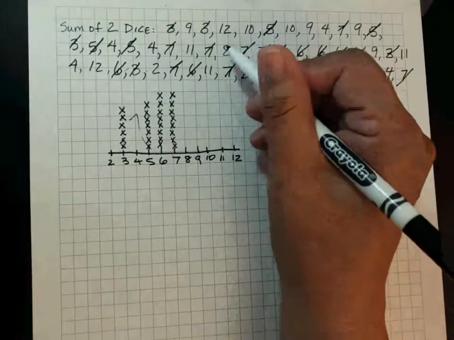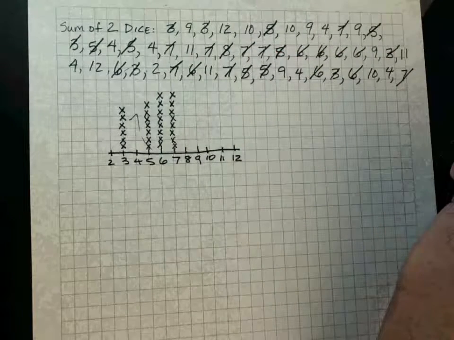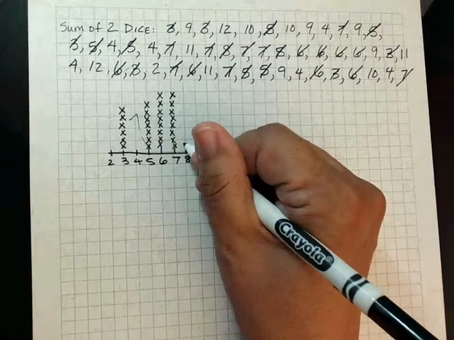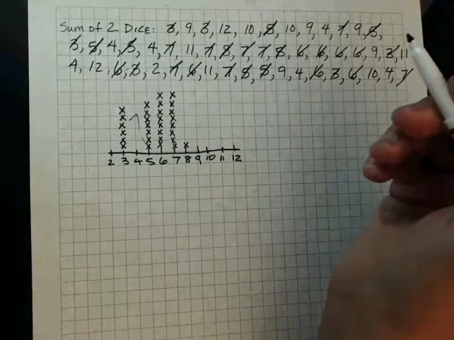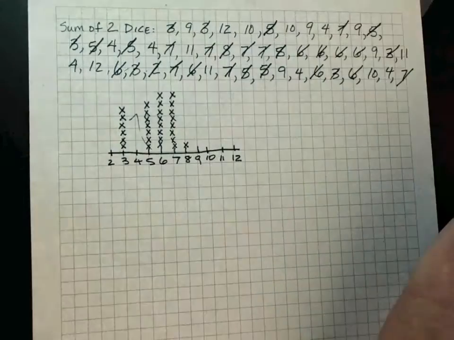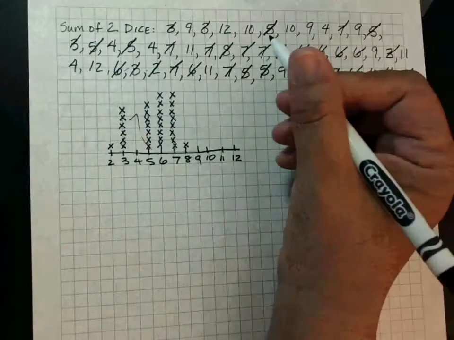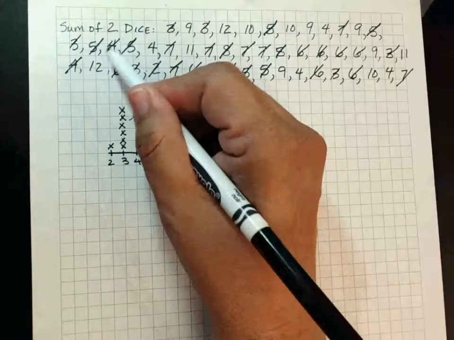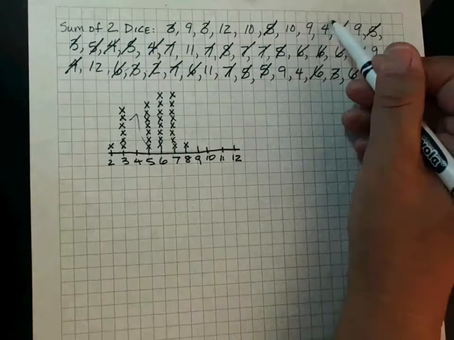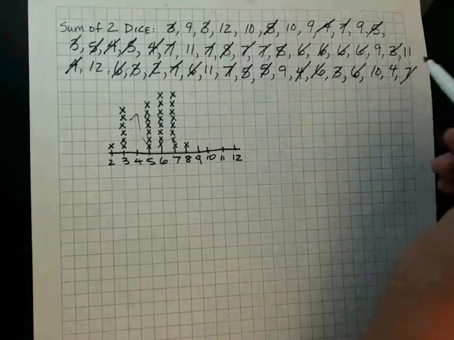We'll go ahead and do 8's. I see just 1 8. Then 2's. Just 1 2 there. I don't see any more, so we'll leave it there. 4's: 1, 2, 3, 4, 5, 6.